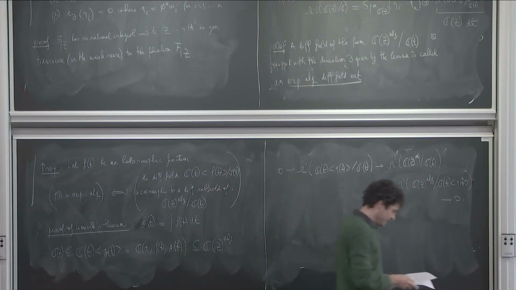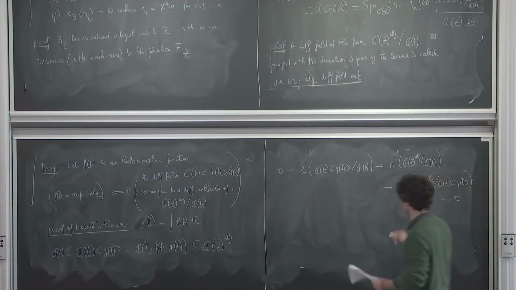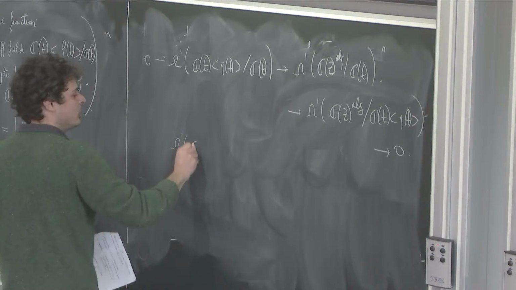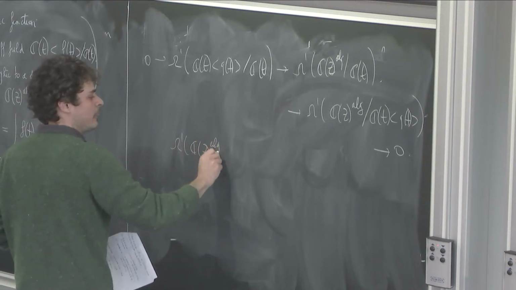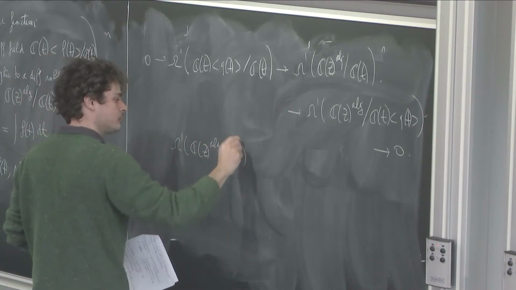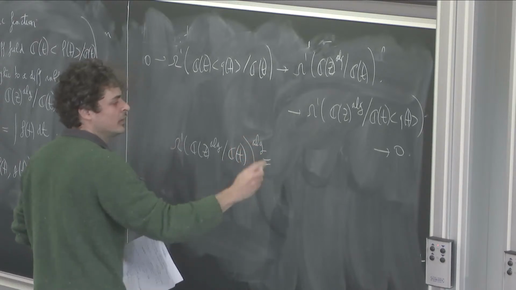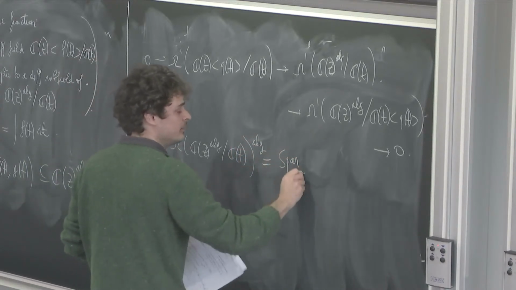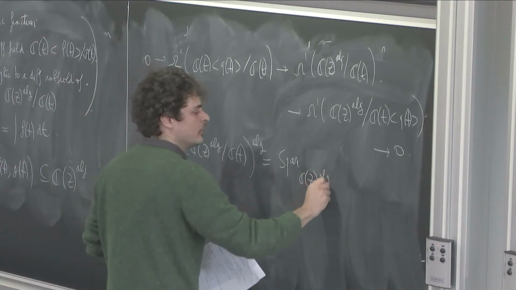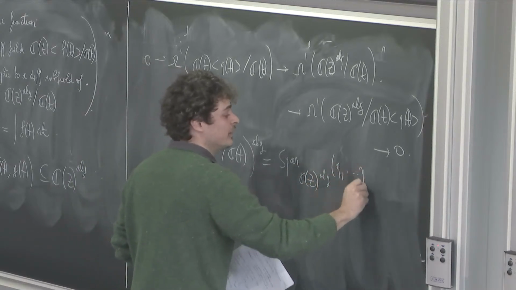Okay, and by construction, this eta 1 is going to be the span of my one forms eta 1 to eta n.